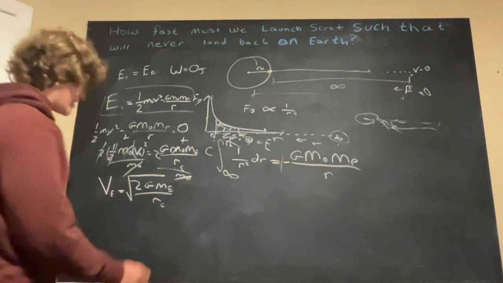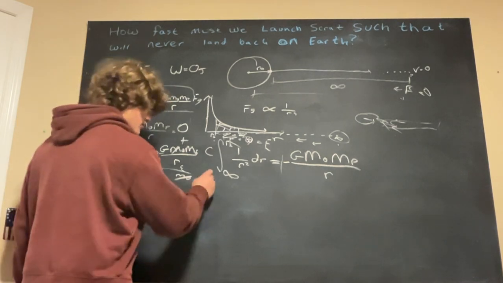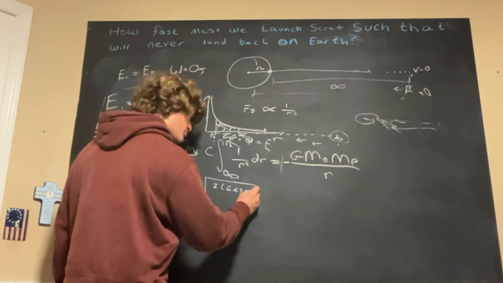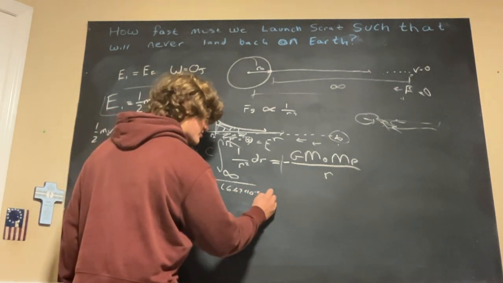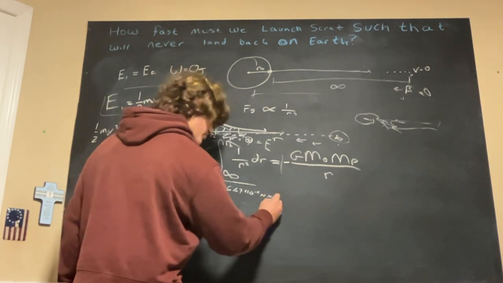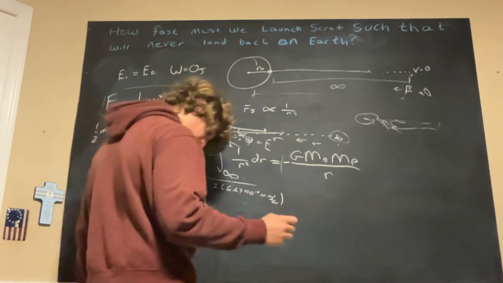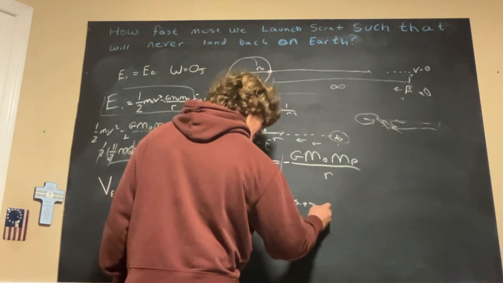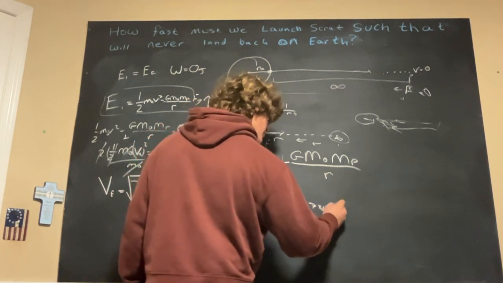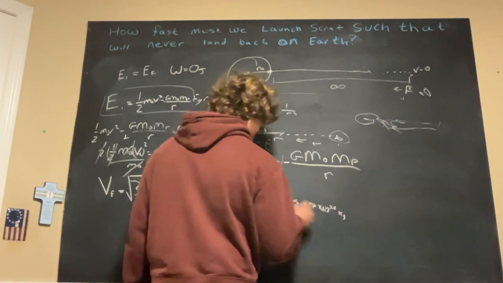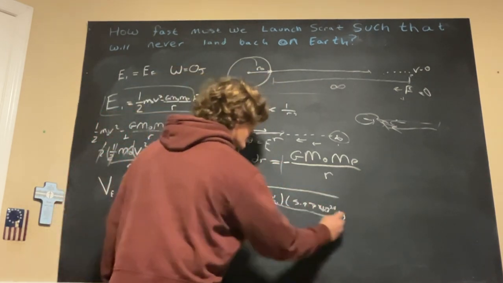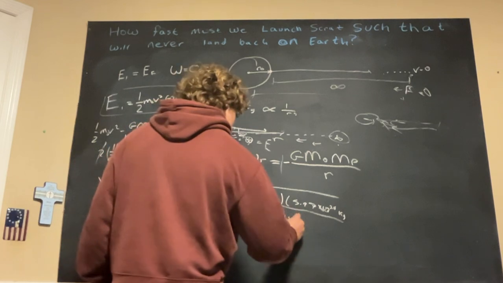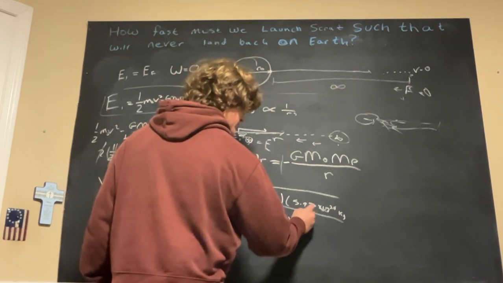Now, when we plug all these in, since this is our velocity, we get 2 times 6.67 times 10 to the negative 11 newtons times kilograms squared per meters squared, times 5.97 times 10 to the 24 kilograms, which is the approximate mass of Earth, divided by the radius of Earth, which is 6.37 times 10 to the 6th meters.